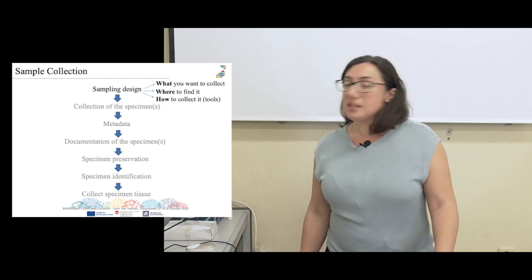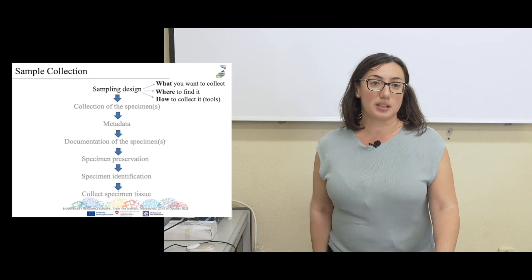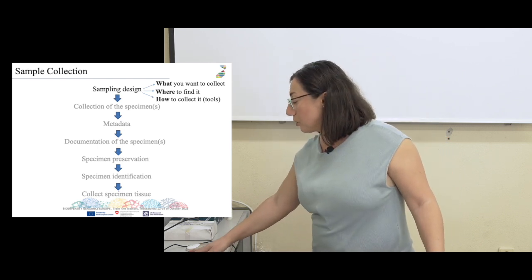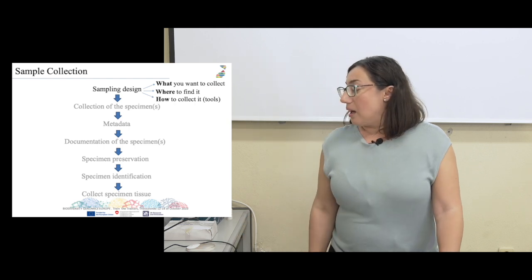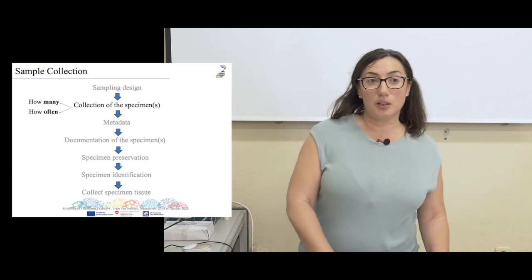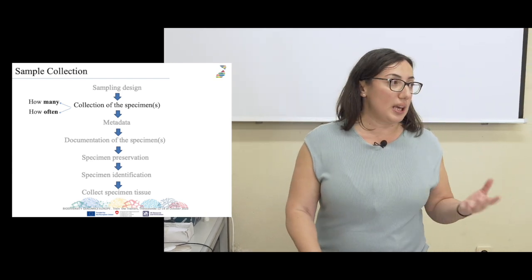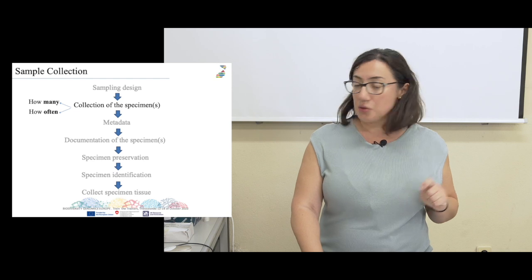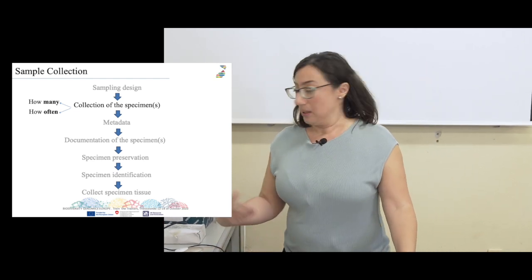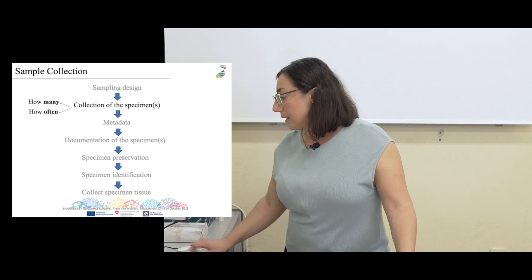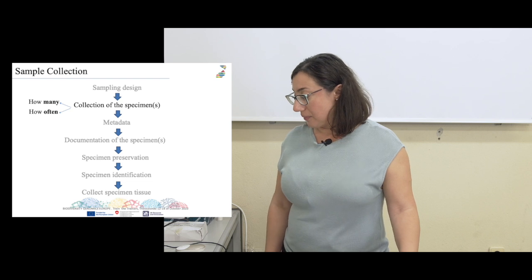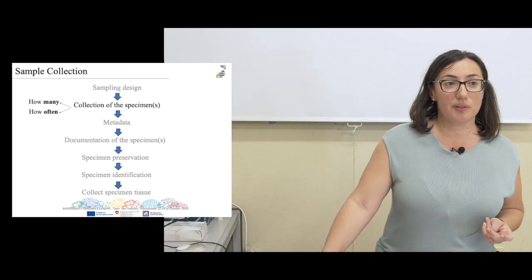And in some cases, when you should collect, depending on whether you have different developmental stages or species that live periodically. Afterwards, you go to the actual collection of the specimens, how many you're going to need, so as to see how many you're going to take out from the habitat. And of course, if you need to repeat the sampling.